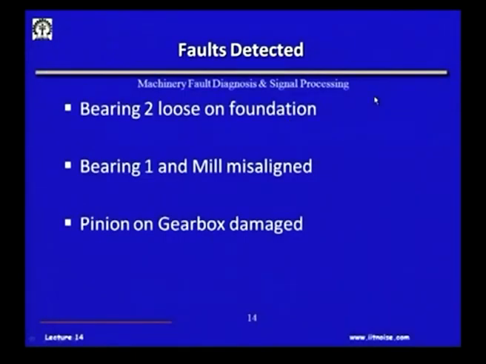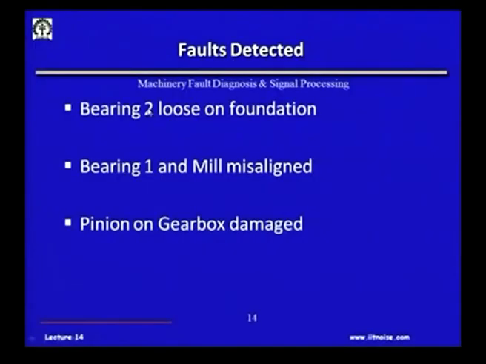And from this example, we could find out the characteristic frequencies of this signal which were not apparent in this spectrum, but once we did this Cepstrum, we could find out the characteristic Q frequency in the Cepstrum, and we could pretty well conclude that the bearing 2 was loose on the foundation, bearing 1 and the mill were misaligned, and pinion on the gearbox was damaged.